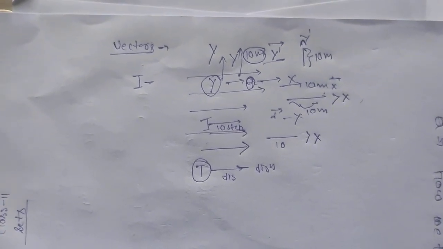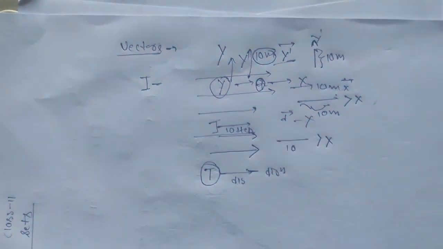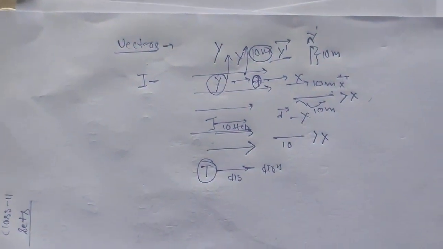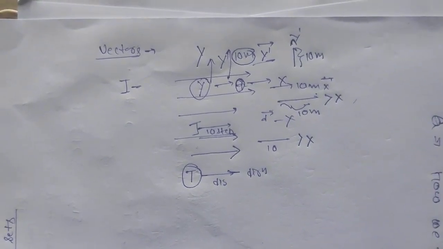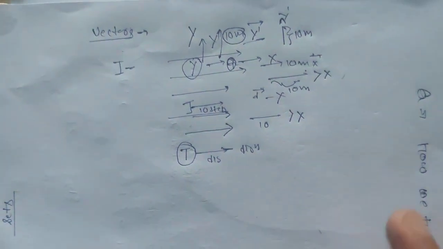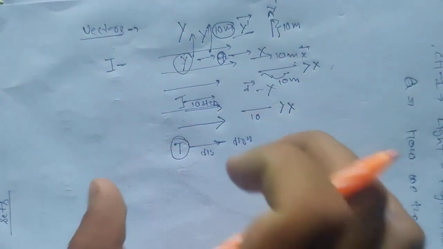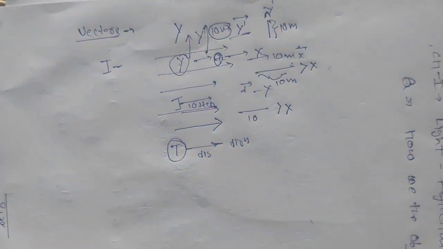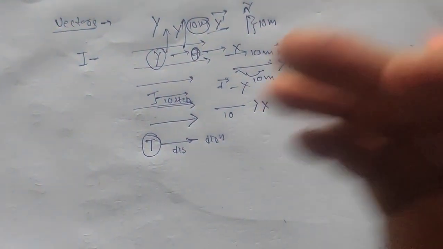I'm talking the general way, for understanding. So things traveling some distance in some direction have some properties: a direction and a magnitude.